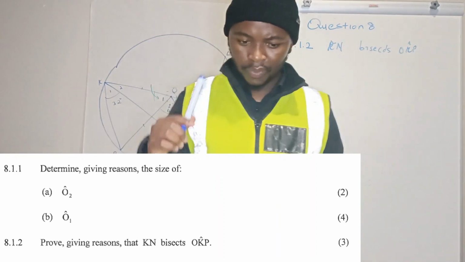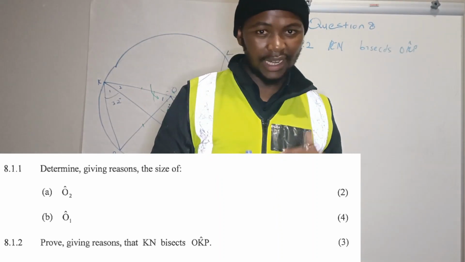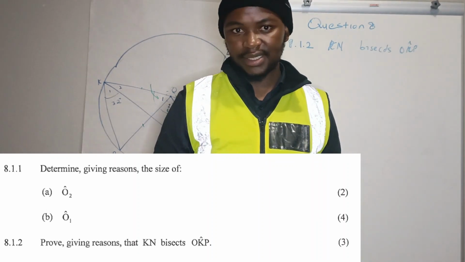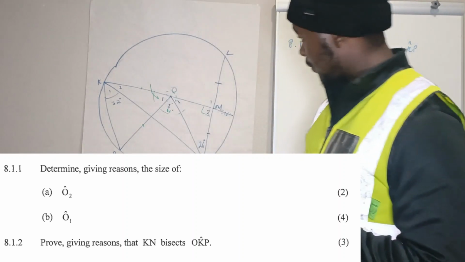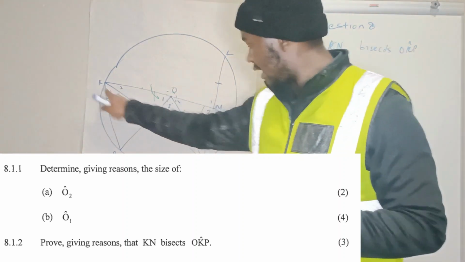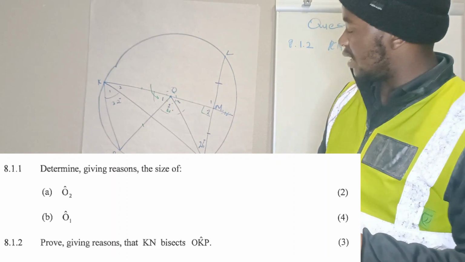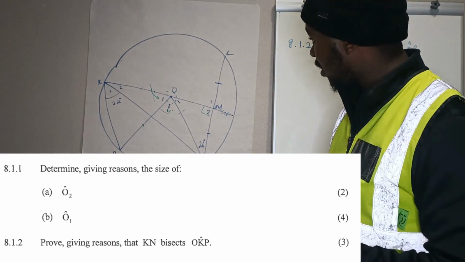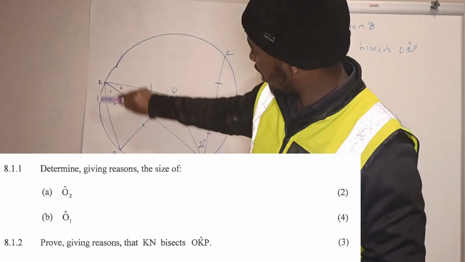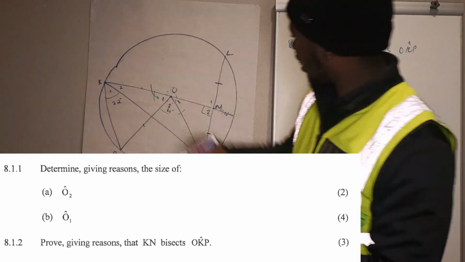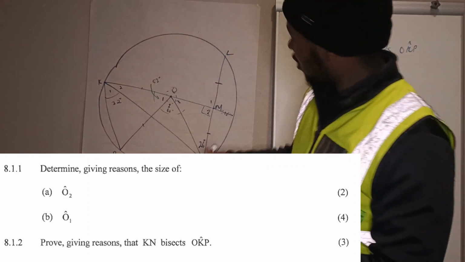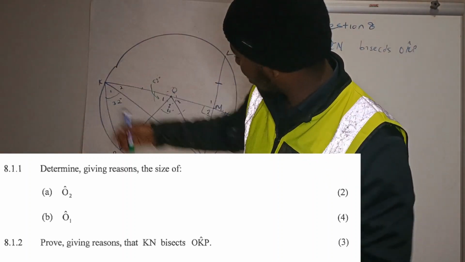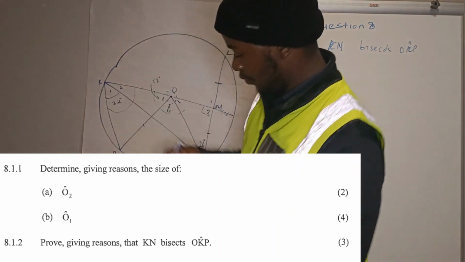All right, let's locate these lines or angles that they're talking about and make sense of them, and also further analyze the statement. So where is KN? There is KN. They are saying we must prove that it bisects OKP. And where is OKP? There is OKP. Forgot to replace this guy here. We have 52 degrees. So let's prove that this line bisects this angle. This is the angle they're talking about.